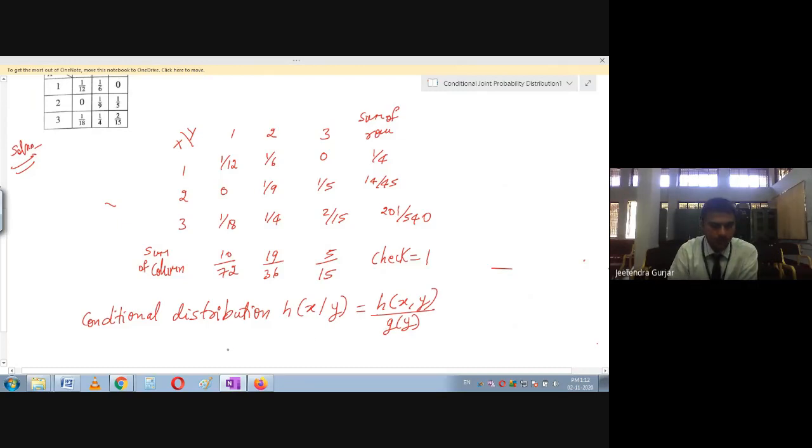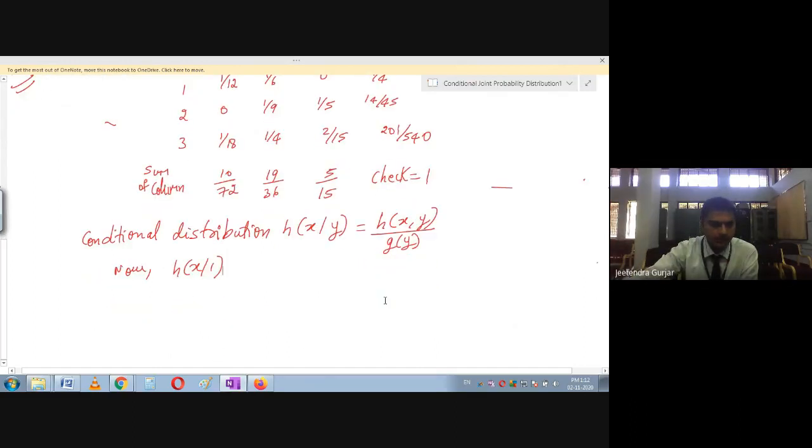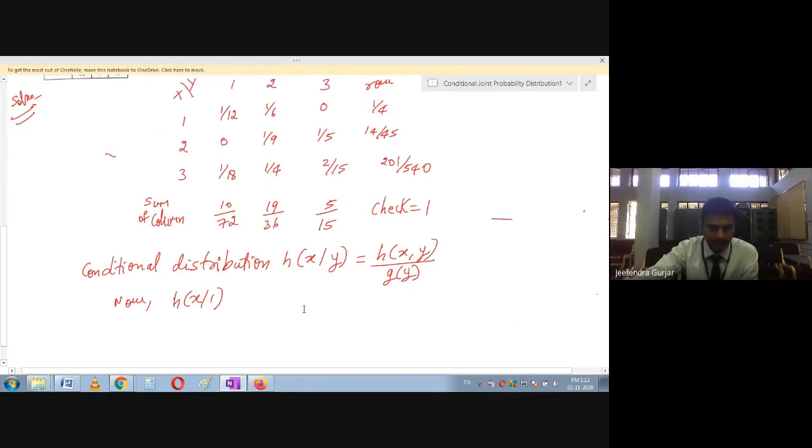Now we are going to check one by one. What we are going to have? We have to calculate h of x divided by 1. So please remember, every time when you write a value, I am going to fix this value. Now you can see y is 1. So y is 1 means g of 1 I will get here.